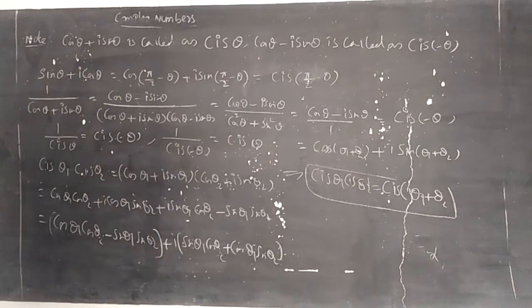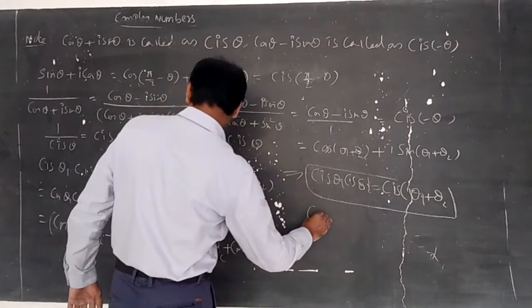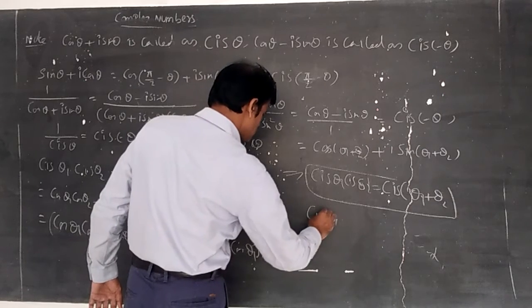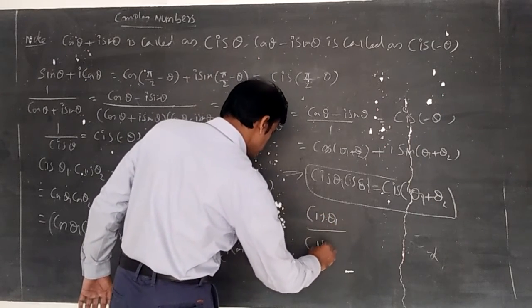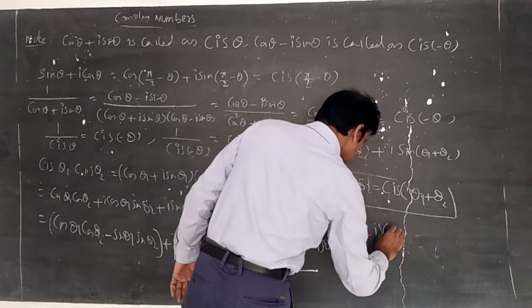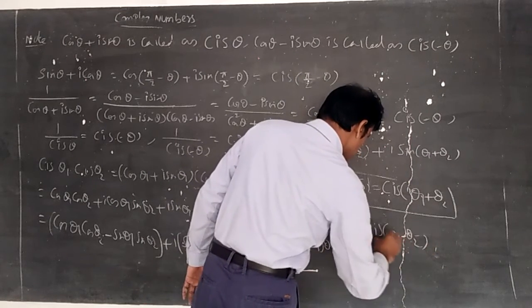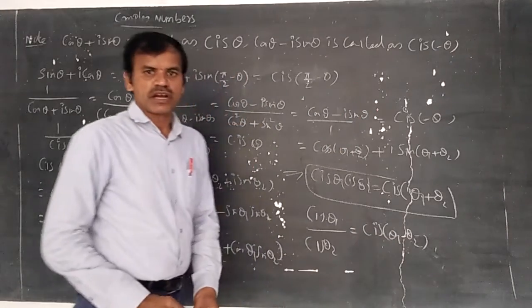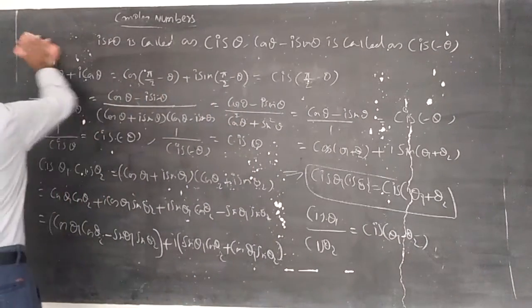This is the formula. Now depending upon this one, you can write cis theta 1 by cis theta 2 directly as cis of (theta 1 minus theta 2).